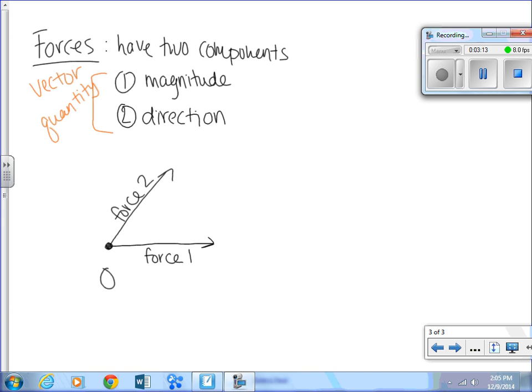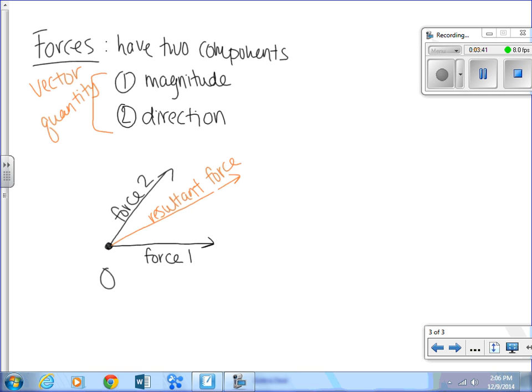It ends up being right smack dab in the middle, and we call this the resultant force. It's the force that's a result of the other two forces acting upon this object.